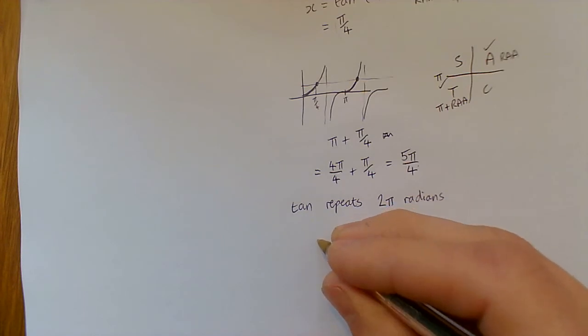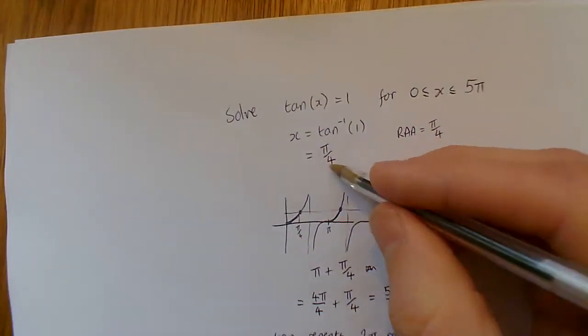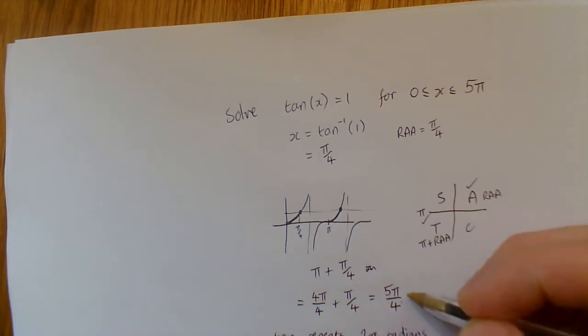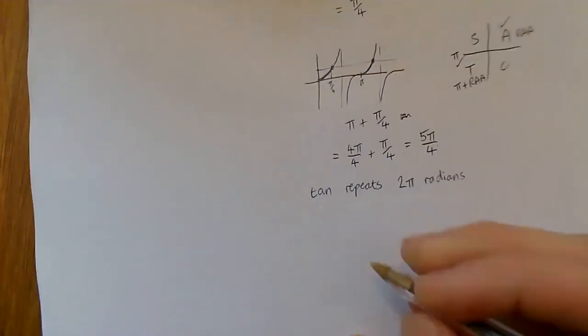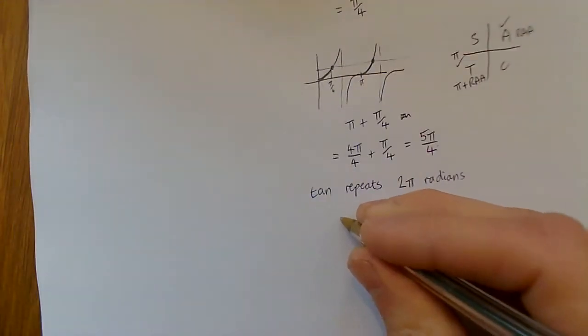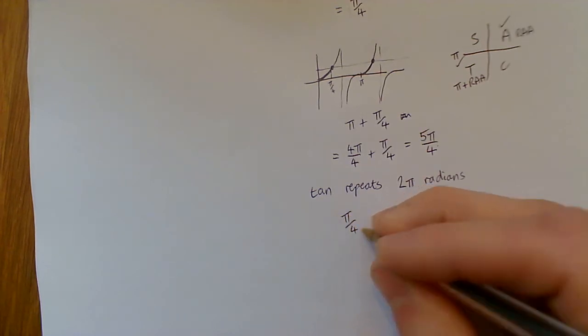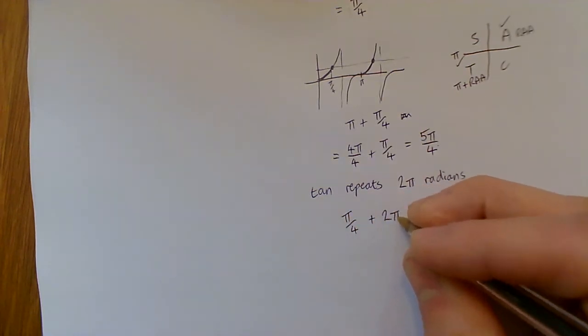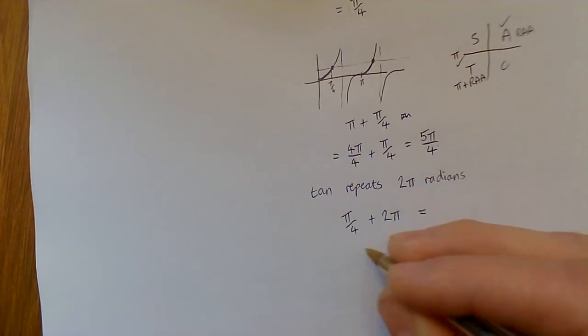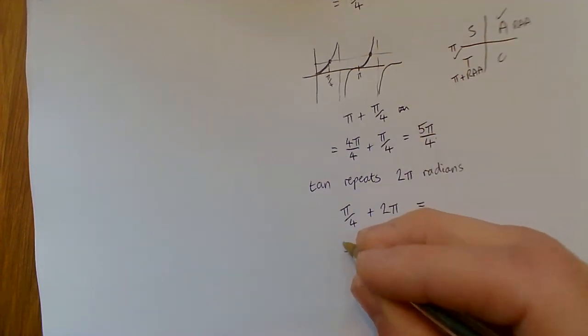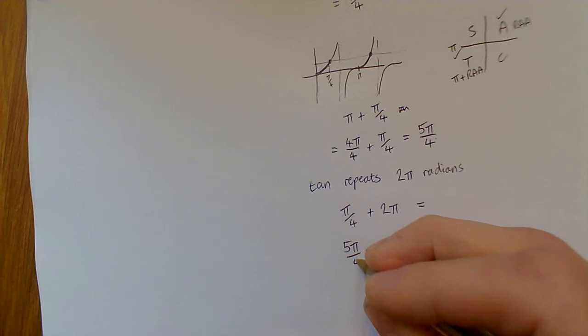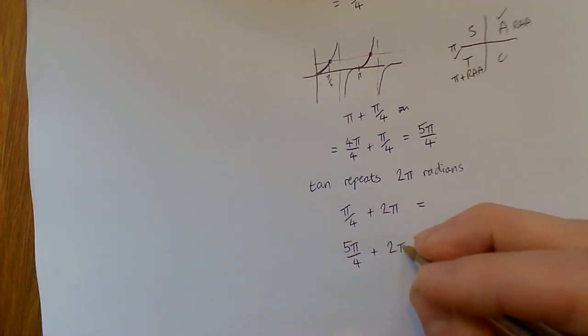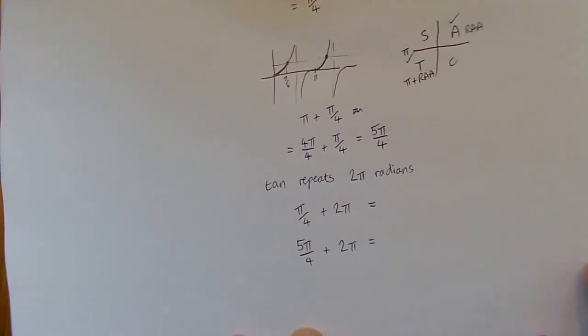We have this angle plus 2 pi, this angle plus 2 pi. So let's see what we've got. We could have pi on 4 plus 2 pi's, and 5 pi on 4 plus 2 pi's.